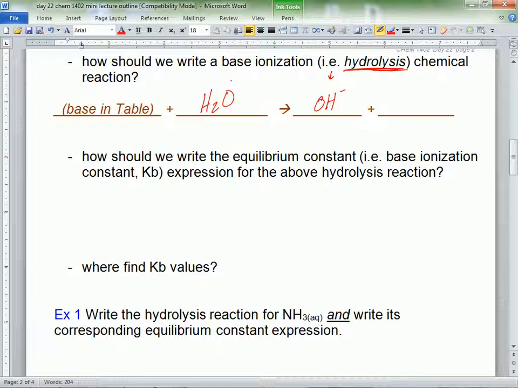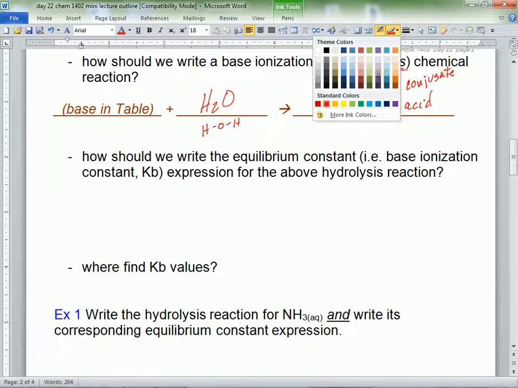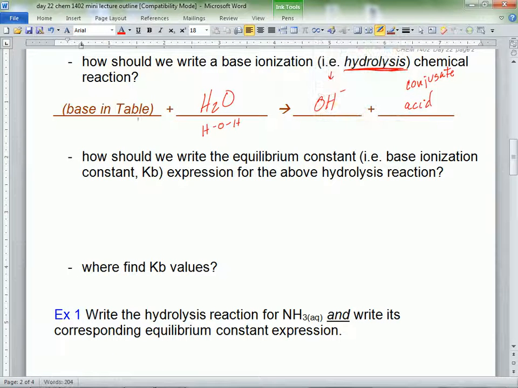Ooh, what do we call it? Conjugate acid, perfect. We're going to produce the conjugate acid. All right, can you see what's happening here? Because H2O is really HOH, right? This base in the table just grabs one of these H's. It leaves the hydroxide, great, but then forms a conjugate acid, okay?